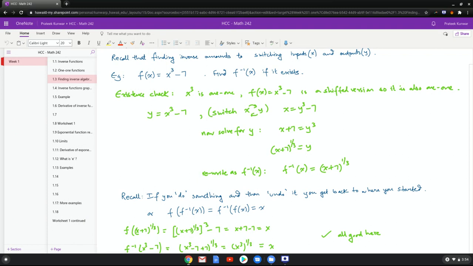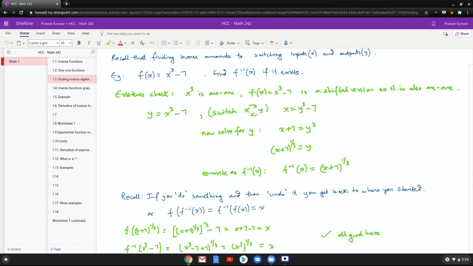For example, if you have $500 in your account, you add $200 and then you withdraw $200 from an ATM, you get back to $500. That's how a function and inverse function work, meaning performing f and then f inverse is the same as performing f inverse and then f, and it should give you back x.